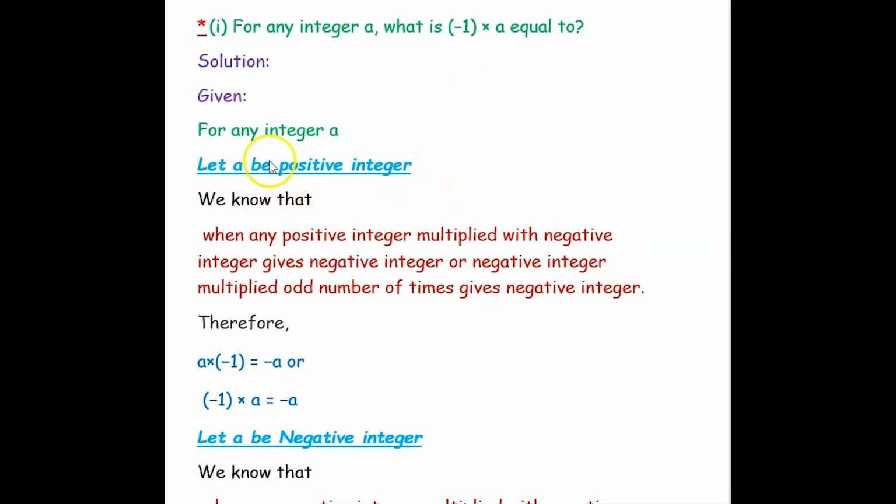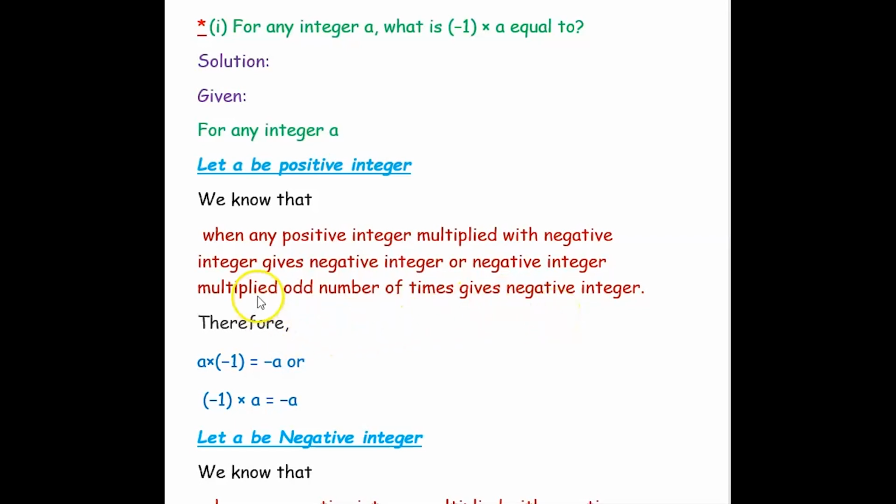For any integer a, a may be a positive integer or a negative integer. First, let us check if a is a positive integer. Any positive integer multiplied with a negative integer gives a negative integer, or we can say that a negative integer multiplied an odd number of times gives a negative integer.